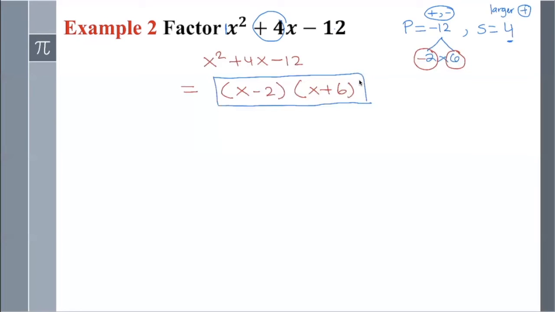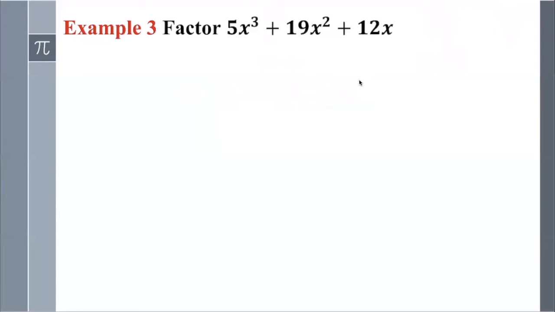Let's look at one more example. So when you're doing this type of problem, one thing that we need to consider at first is if there is any common factor in all three terms, then we need to factor that out. So if we look over here, we have x cubed, x squared, and x. That means I have a common factor of x.